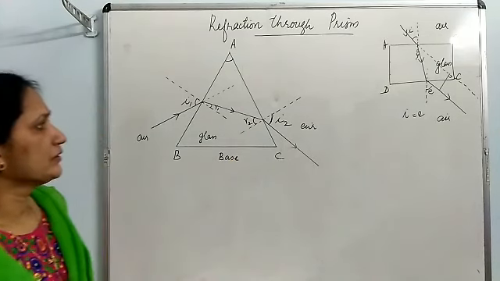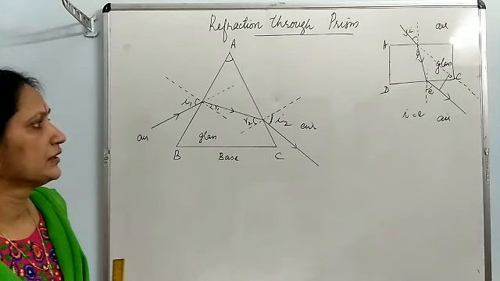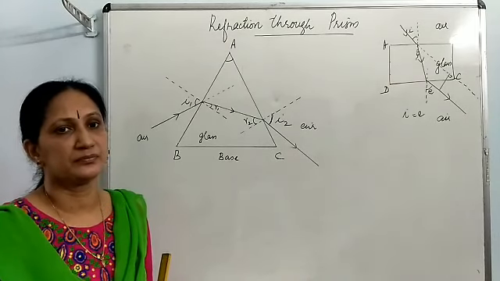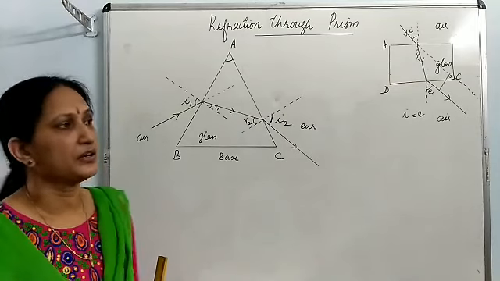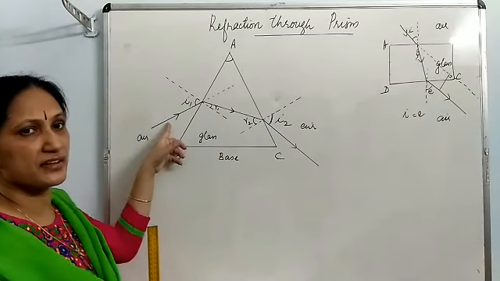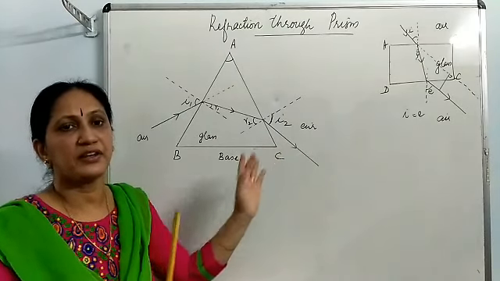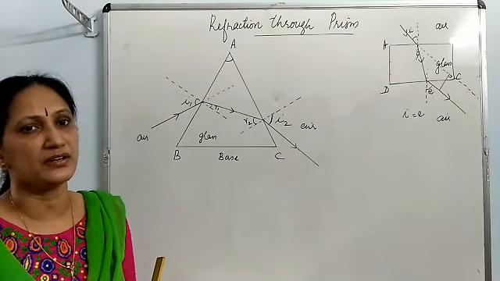Okay, then some more angles you have to study here. Angle of deviation. Okay, to find out angle of deviation, you have to extend the incident ray and the emergent ray and find out the angle made by them, that is known as angle of deviation.